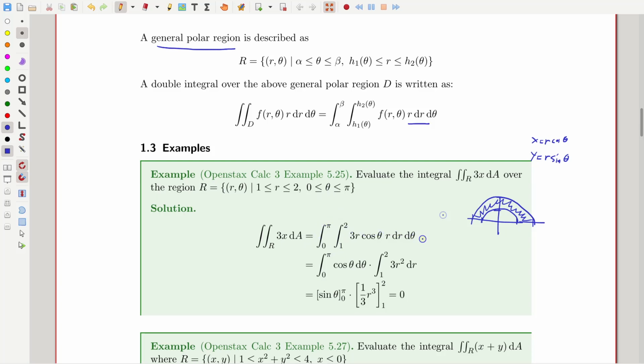Okay. The next thing I do is I end up separating this integral into a product of two one-dimensional integrals, because you can notice that this function inside the double integral is a product of functions. You can completely separate out the r and the theta from each other. You can write it as a product of two separate functions.